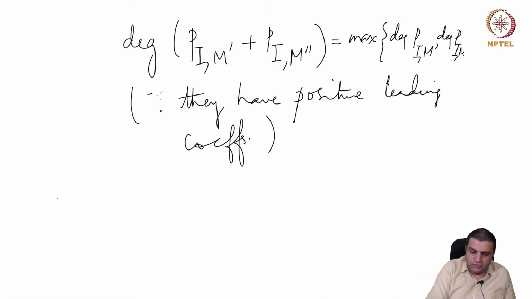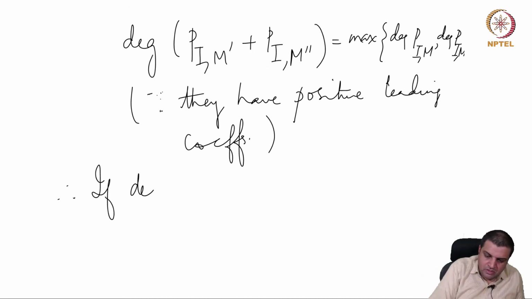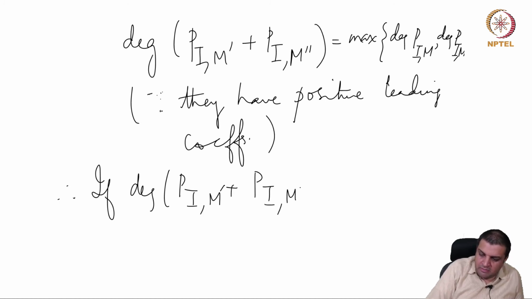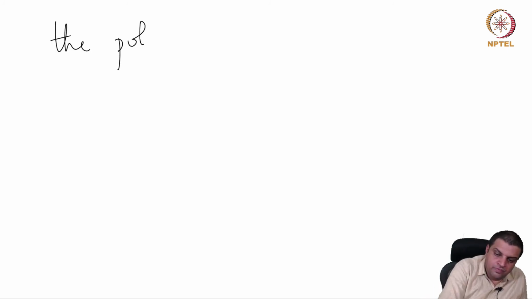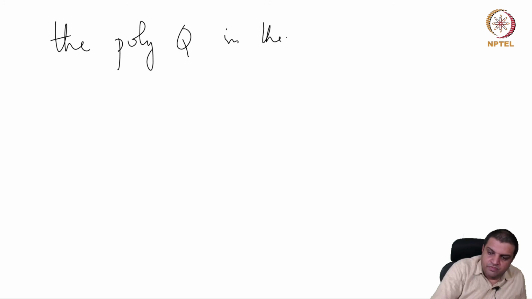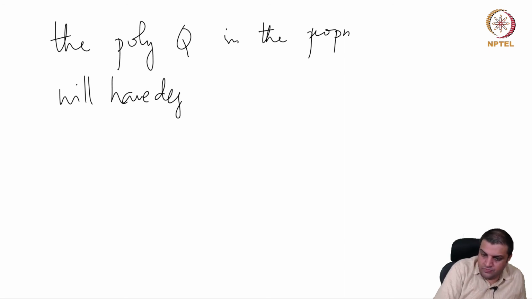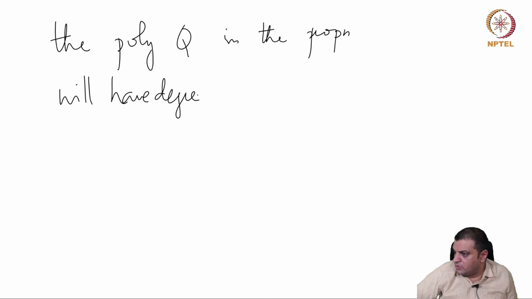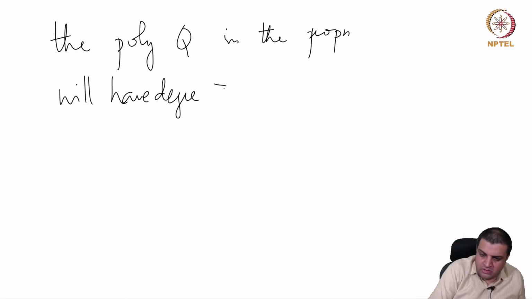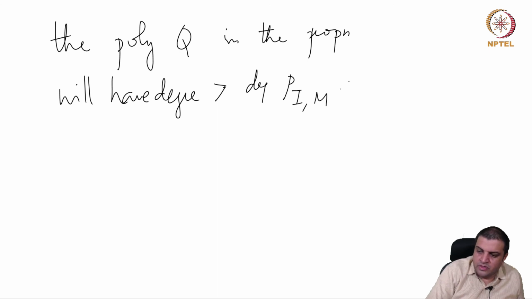So therefore, if degree of PIM m prime plus PIM double prime is strictly bigger than the degree of PIM, the polynomial Q in the proposition will have degree greater than degree of PIM, which is a contradiction.